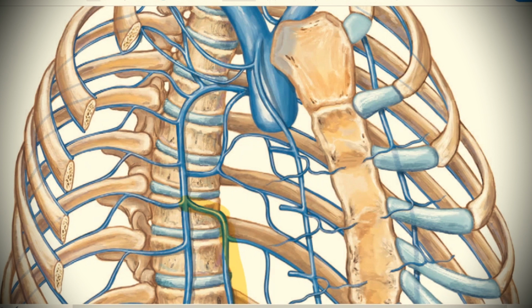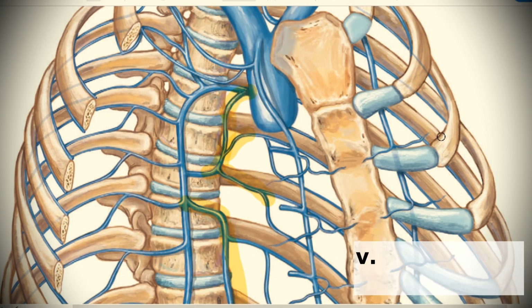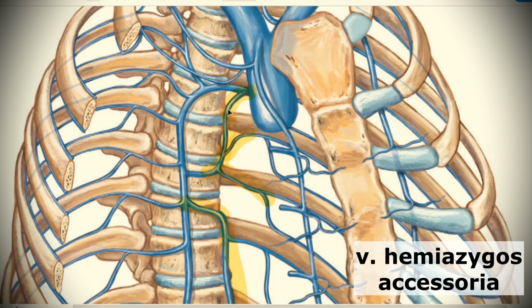These intercostal veins, venae intercostales posteriores, from about the second, third, fourth and fifth intercostal spaces, unite into a vessel called vena hemiazygos accessoria. Vena hemiazygos accessoria goes down, also declines to the right, and as you can see, falls into the azygos. It receives the same posterior intercostal veins.